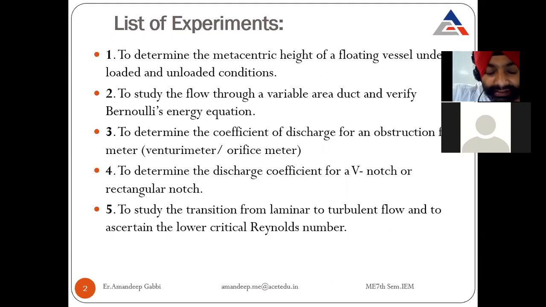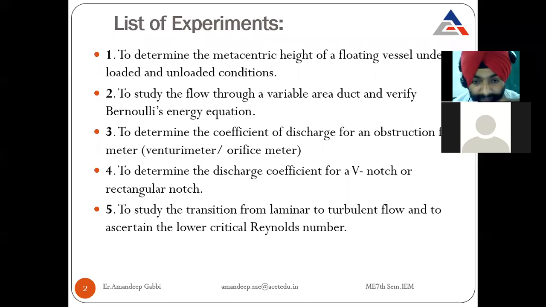So particularly there is a number, the Reynolds number. If the value of the Reynolds number is less than 2000, then it is called laminar flow. And if the value of the Reynolds number comes out more than 2000, then it will be a turbulent flow.